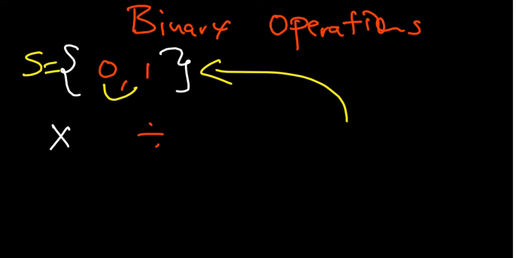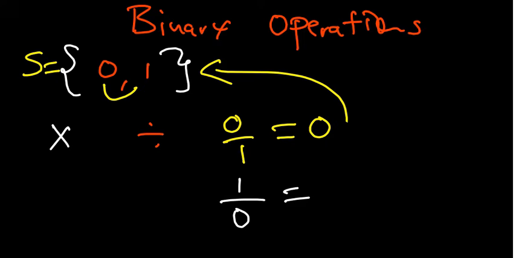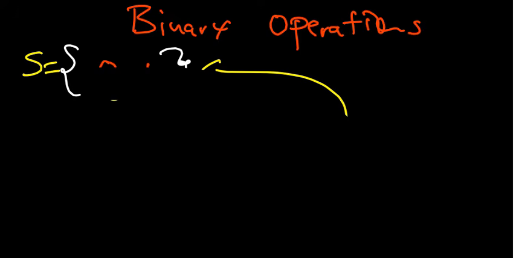How? You have 0 and 1. 0 divided by 1 is 0. Quite alright, it's within the set. Now think of impossibilities. What if I said 1 divided by 0? That is undefined, right? So even if there is one that is saying yes, provided there is one that is going to disagree, then it is not a binary operation. That's what you need to understand.